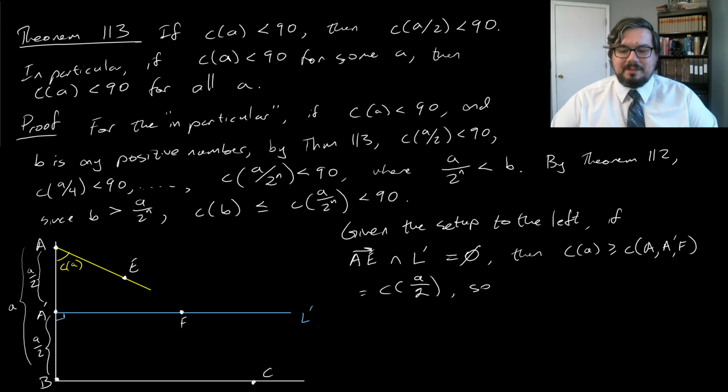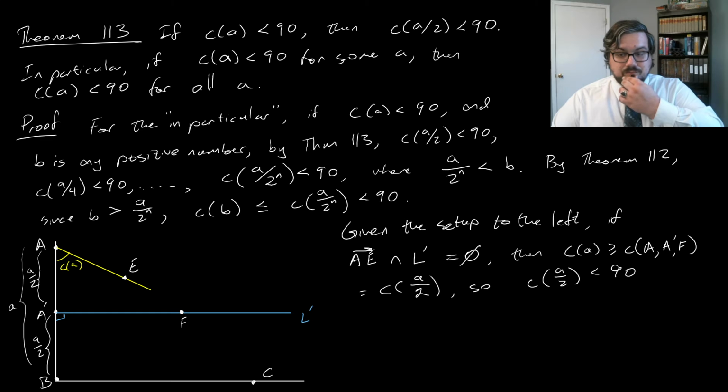So in this case, we would have that C of A over 2 is less than 90. So that gives us what we want.